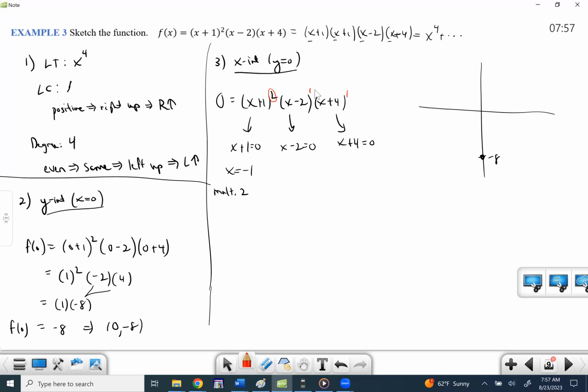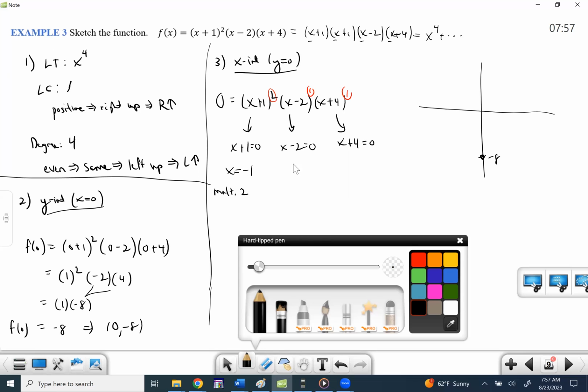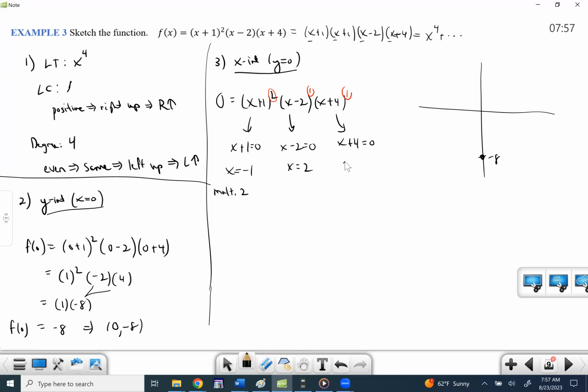The rest are 1s. So when we write down these zeros of x equals 2 and x equals -4, these are going to have multiplicity 1. So remember, if it's even, it's going to be tangent to the x-axis. And if it's odd, then it's going to cross through the x-axis. This should be enough to get us what we need.